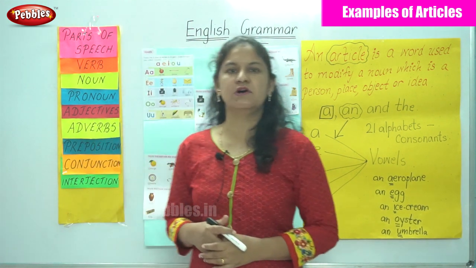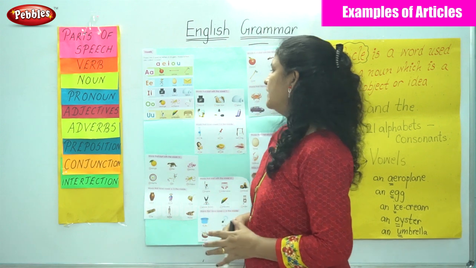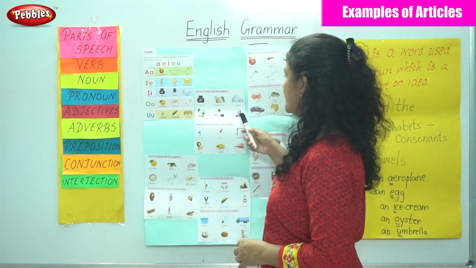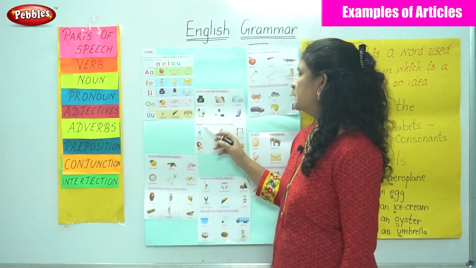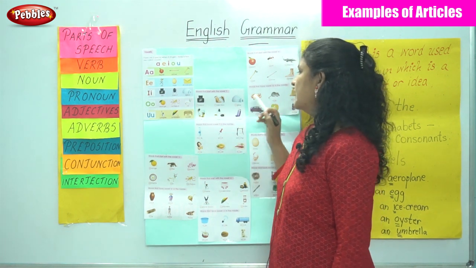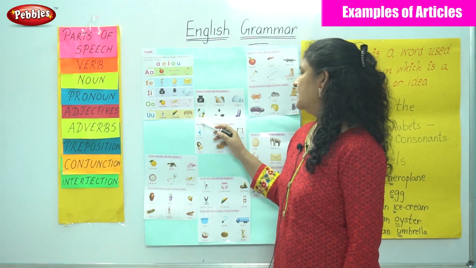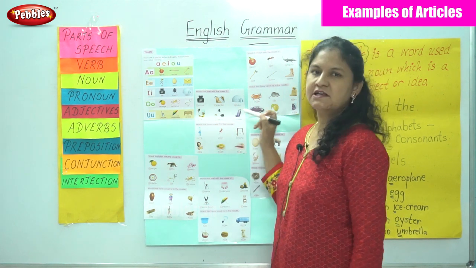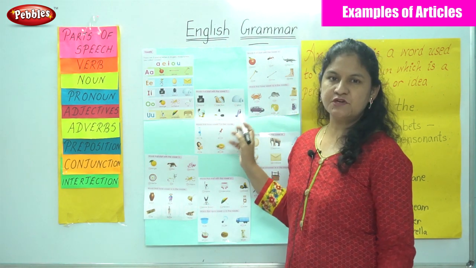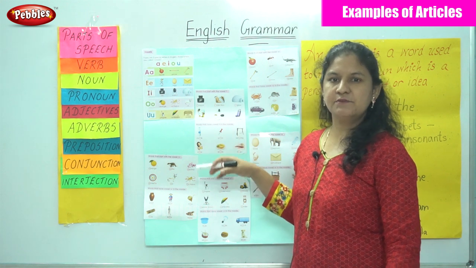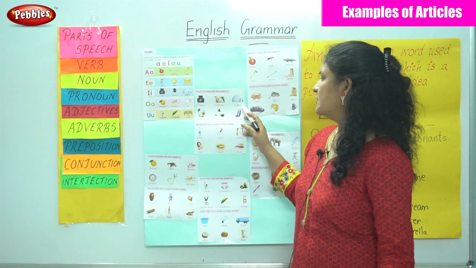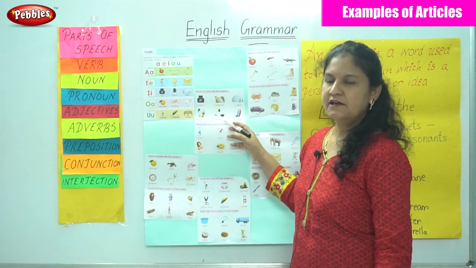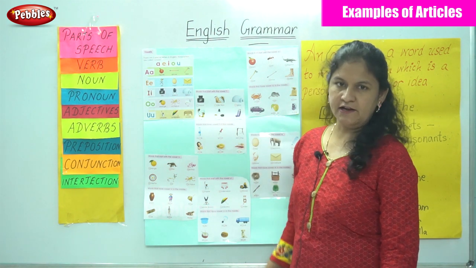Next let us see words that have the vowel I in the beginning. Inkpot, injection, igloo, ill, insects, inhaler.